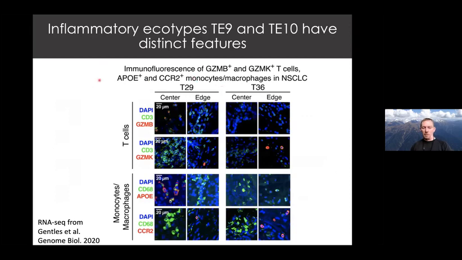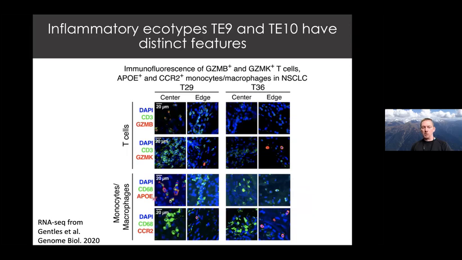I've forgotten the label here, but I think this top one is the markers for ecotype 9. So particularly the T cells in ecotype 9 are granzyme B positive, whereas the T cells in ecotype 10 are granzyme K positive.